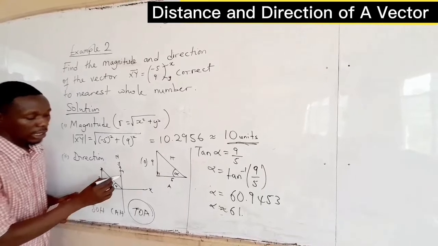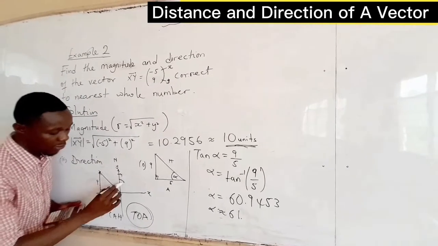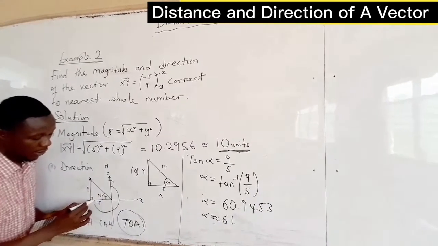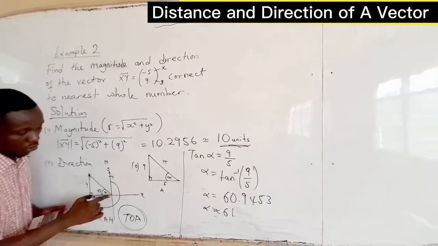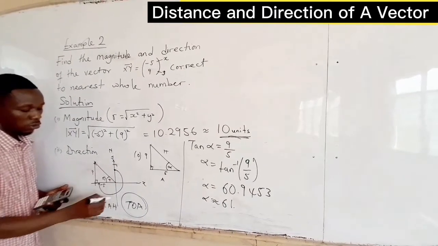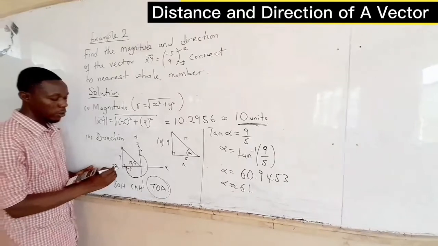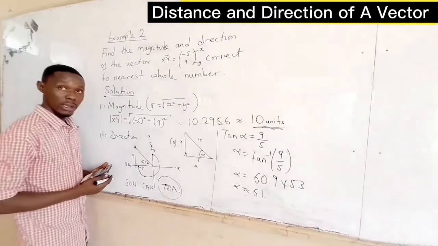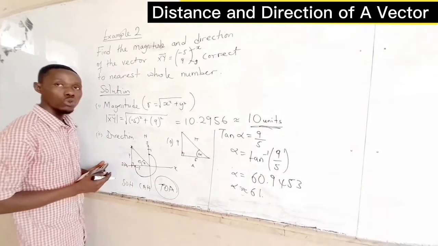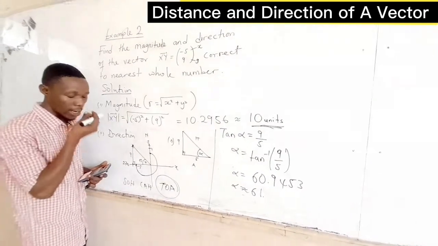But we need the bearing from this place up to that place. So we ask ourselves, from here to this place, what? 270 degrees.